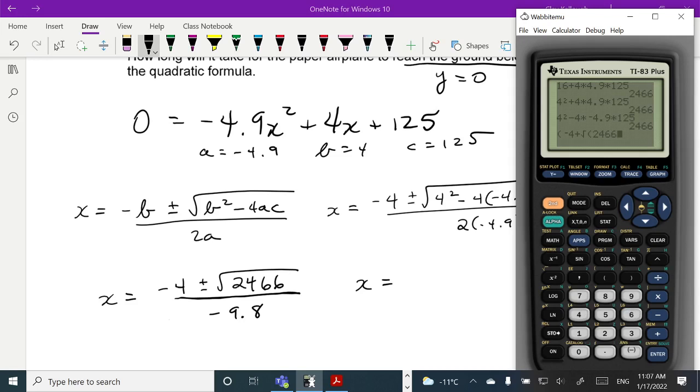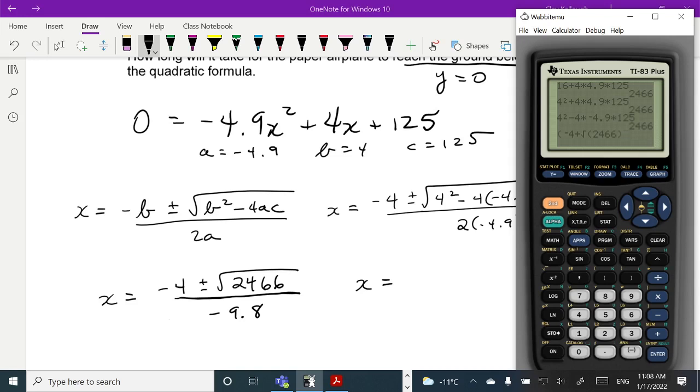This calculator opens a bracket when I hit the square root button. So it now assumes everything I type from now on is under the square root bracket. So I have to close the square root bracket. You might not have to do that. You might have the opposite on your calculator. If you had more than one thing under the square root, like you had an add or a multiply under the square root, you might have to open a bracket yourself. Okay, so there. That took care of up to here.